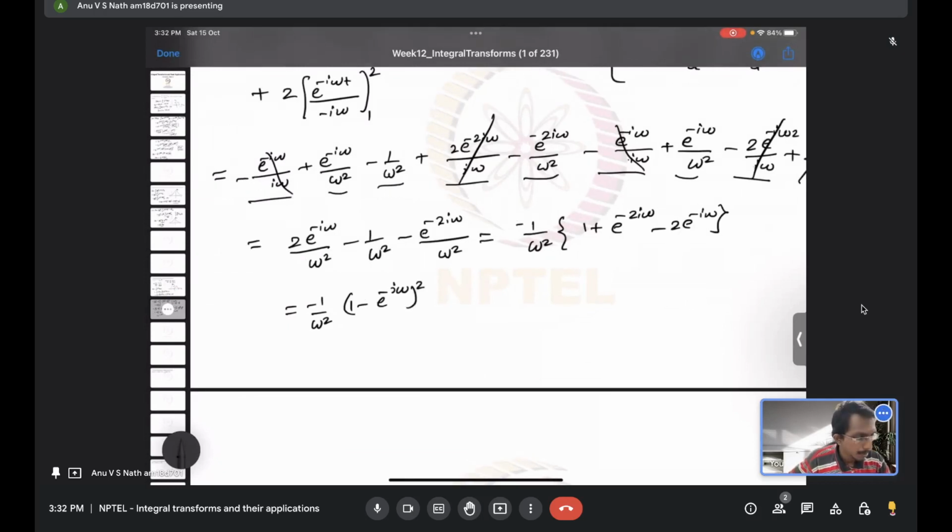Okay, so again like we have done earlier, we will split the 1 minus e raised to minus i omega term, like e raised to i omega by 2 minus e raised to minus i omega by 2, multiplying with e raised to minus i omega by 2, then taking the entire square.